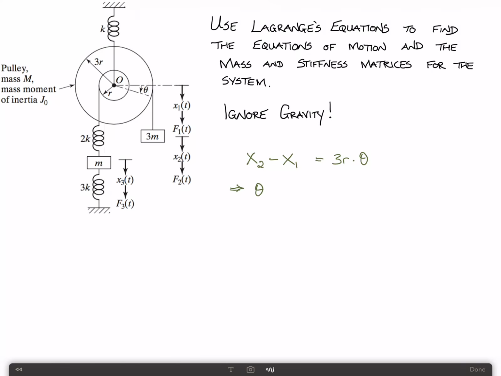Therefore, theta can be written as (x2 minus x1) divided by 3r. And taking time derivatives, we find that theta dot, the velocity of theta, is equal to (x2 dot minus x1 dot) divided by 3r. Okay, and I'll copy that result to the next page.